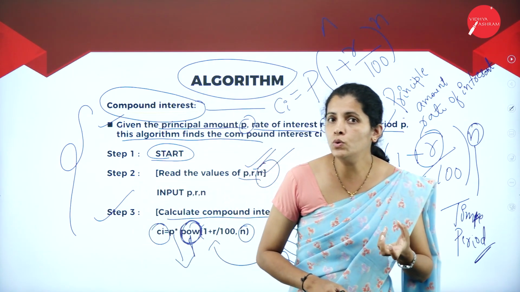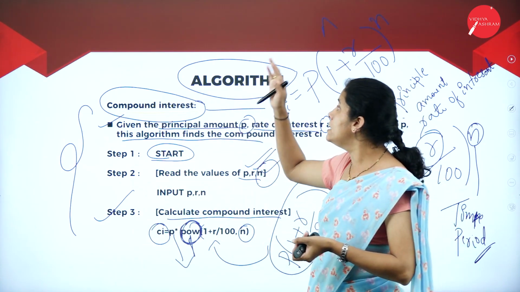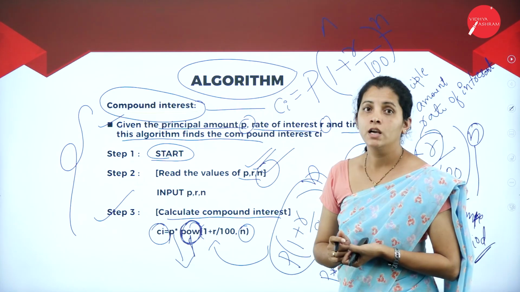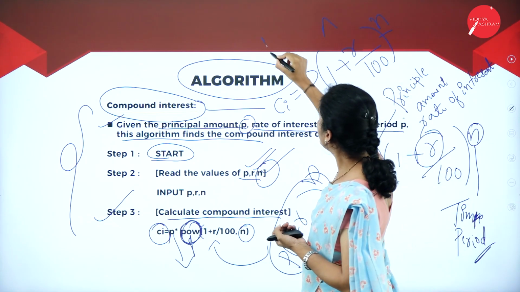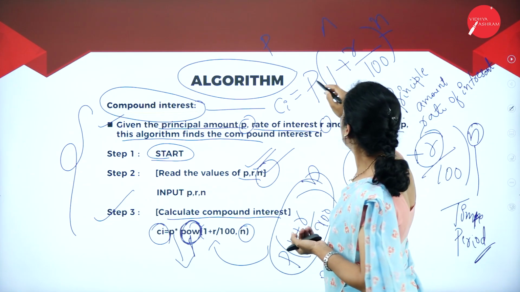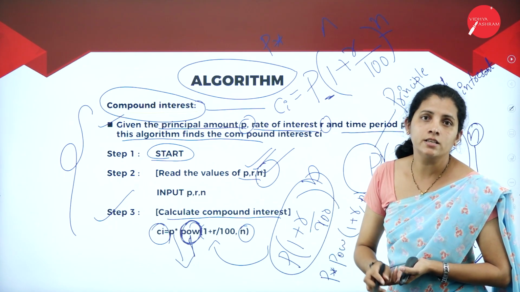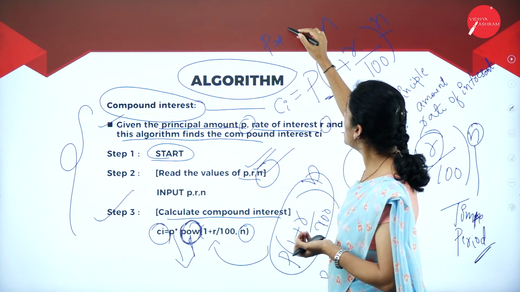So what do I want to do? I want to represent this formula in a machine understandable form. So at the beginning, I'm going to write P. Then I'm going to convert, that is, here it is multiplication, right? So I'm going to write star.